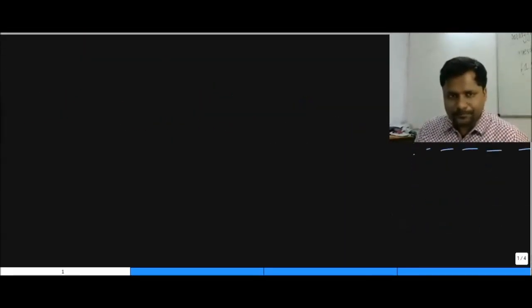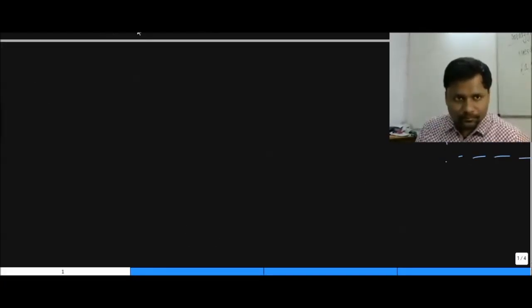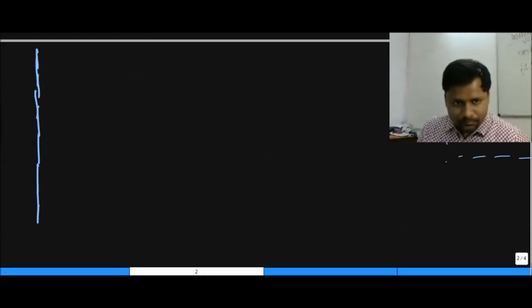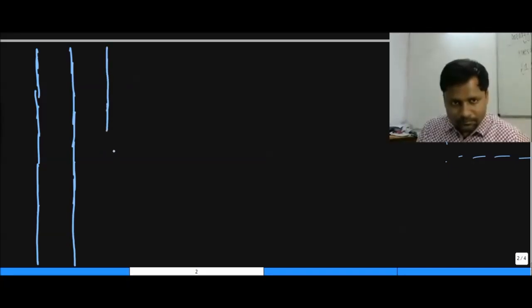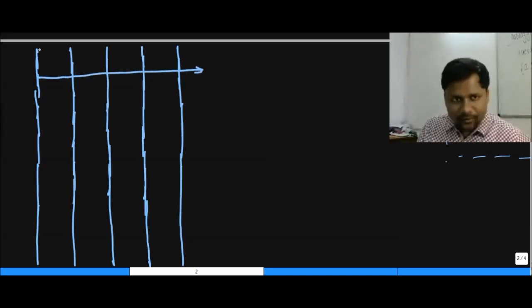The basic waveform is like this. This will be taken as the omega t axis.